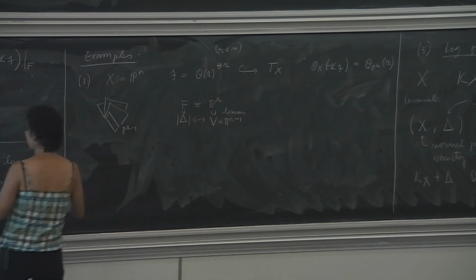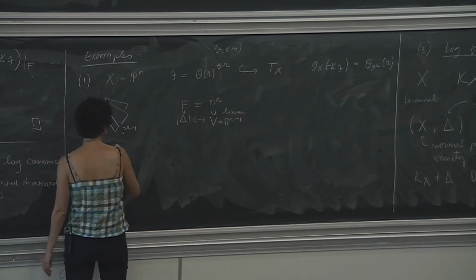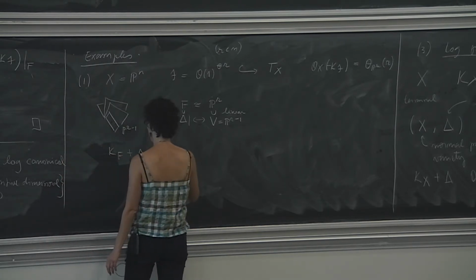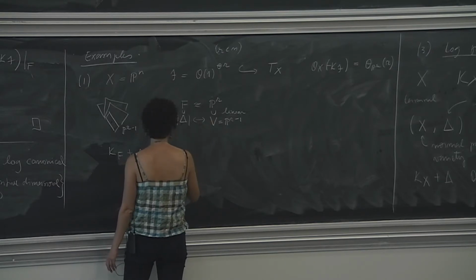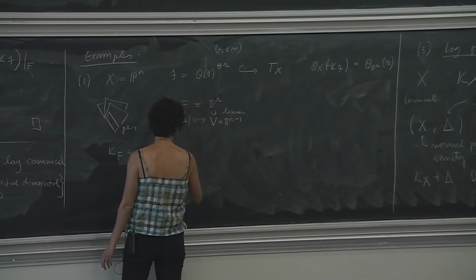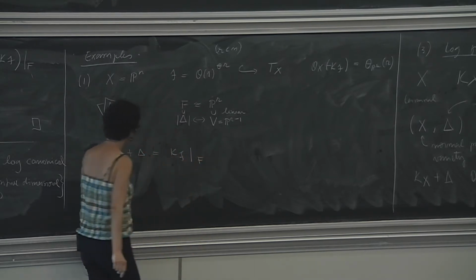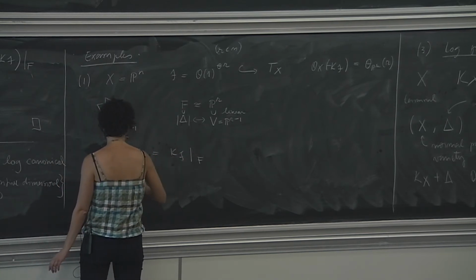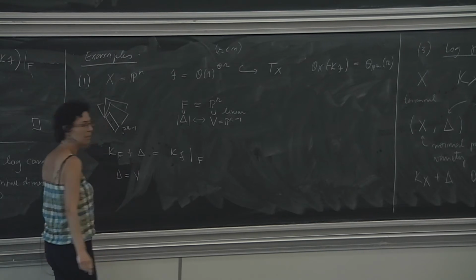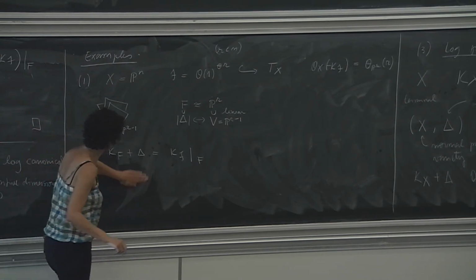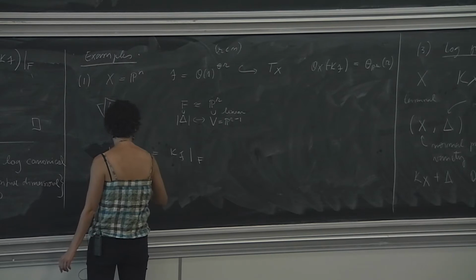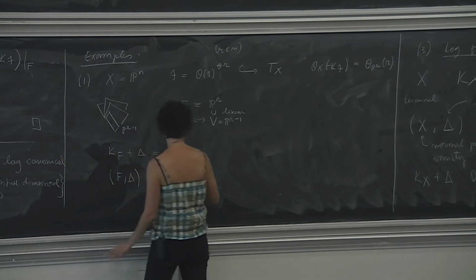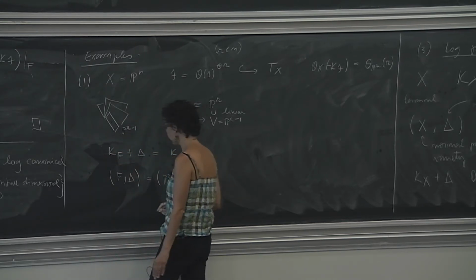And now if you look at the adjunction formula, we know that K_F tilde plus delta has to be the pullback, or in this case the restriction, of K_F. And if you compute, you will see that, in fact, this delta is reduced. It's V itself. So F tilde with delta is P^R with a linear P^(R-1).